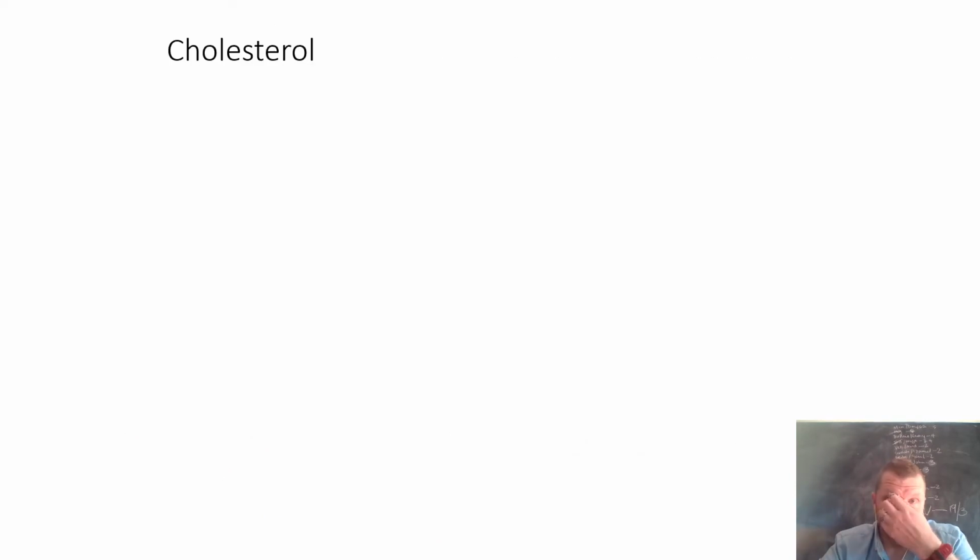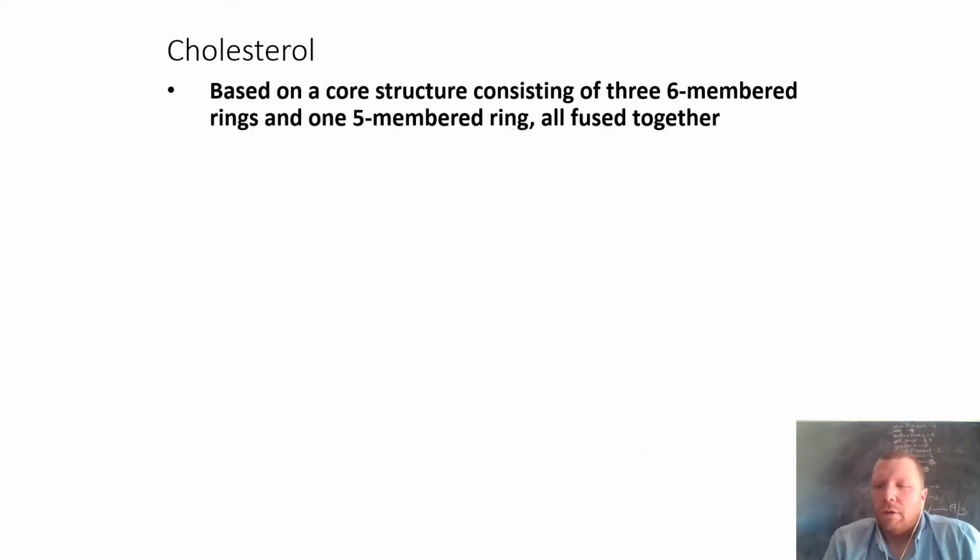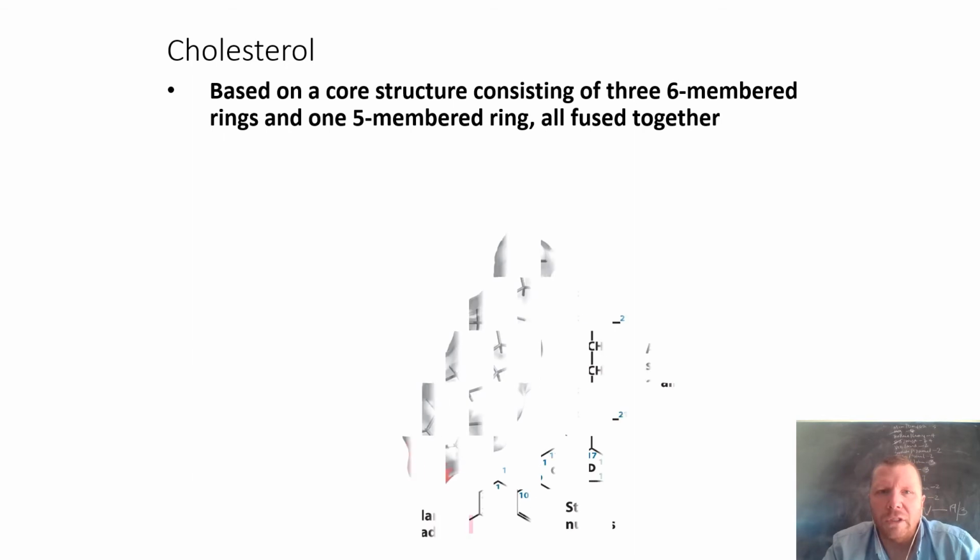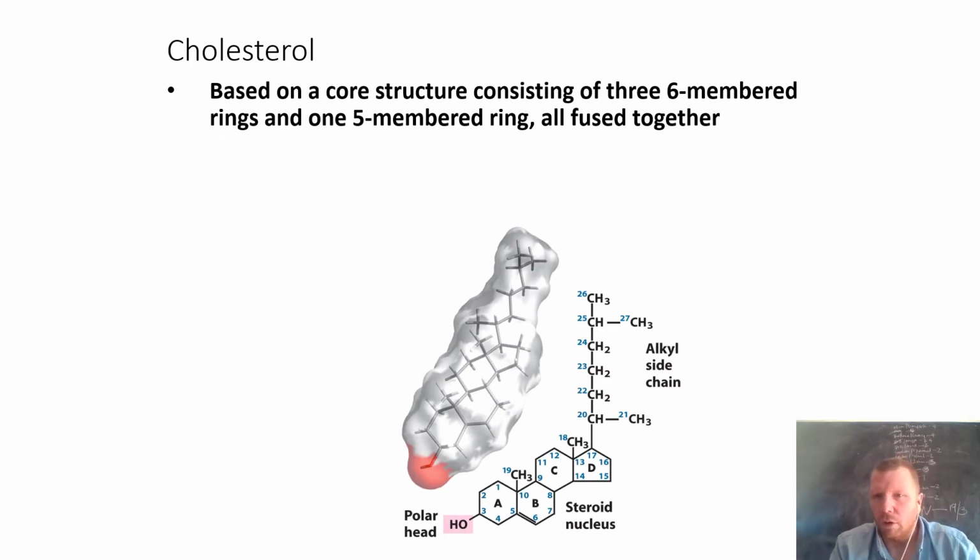Now, cholesterol. Cholesterol is maybe the most popular lipid that serves a non-membrane function. It's based on a core structure consisting of 3 six-membered rings and 1 five-membered ring, all fused together.